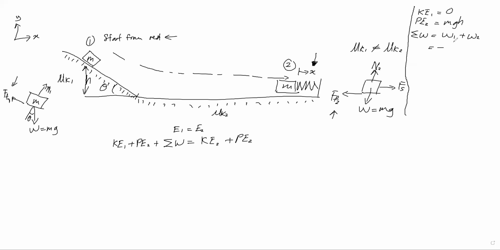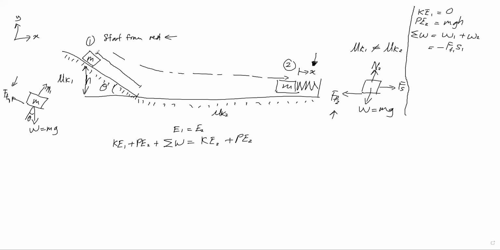So W1 is equal to minus F1 times S1. What is S1? S1 is the distance from the initial position until the end here.